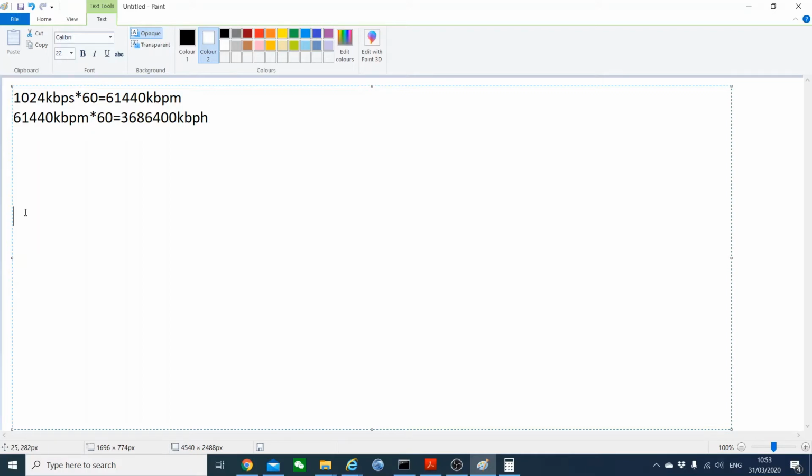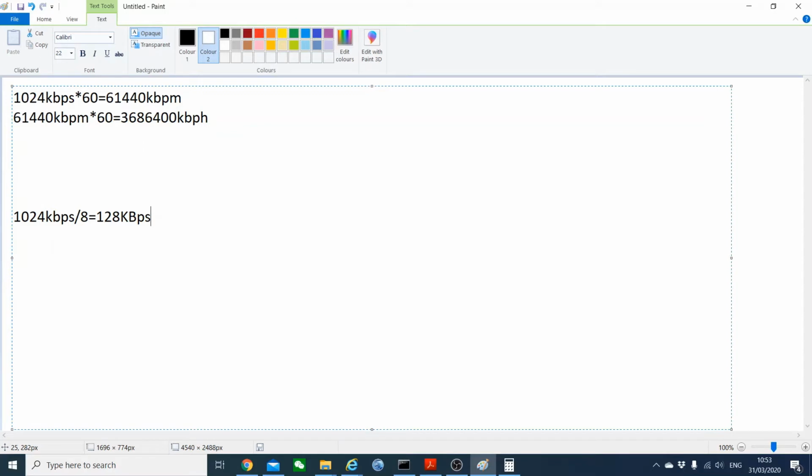Now, whenever we want to make a transformation from bit to byte, you remember we divide by 8. So if we take the 1024 kilobits per second and make them kilobytes, then we will divide them by 8, and then we will get 128 kilobytes, this time in capitals, per second.